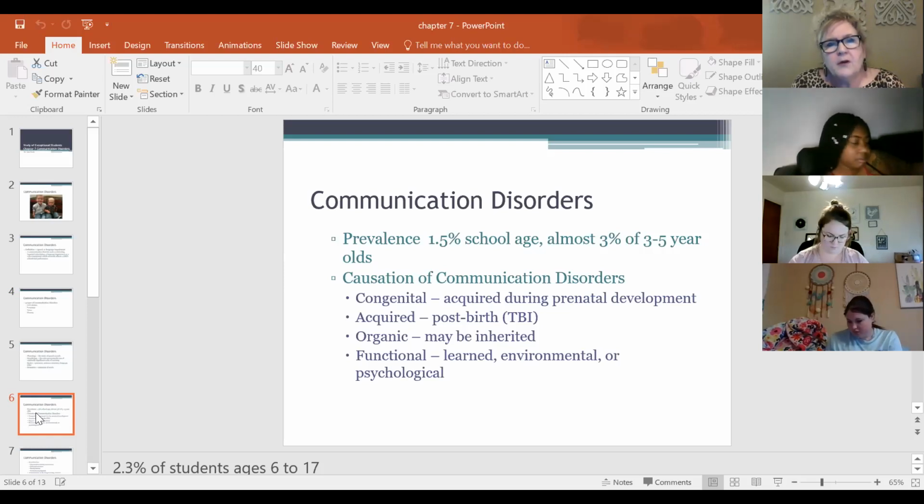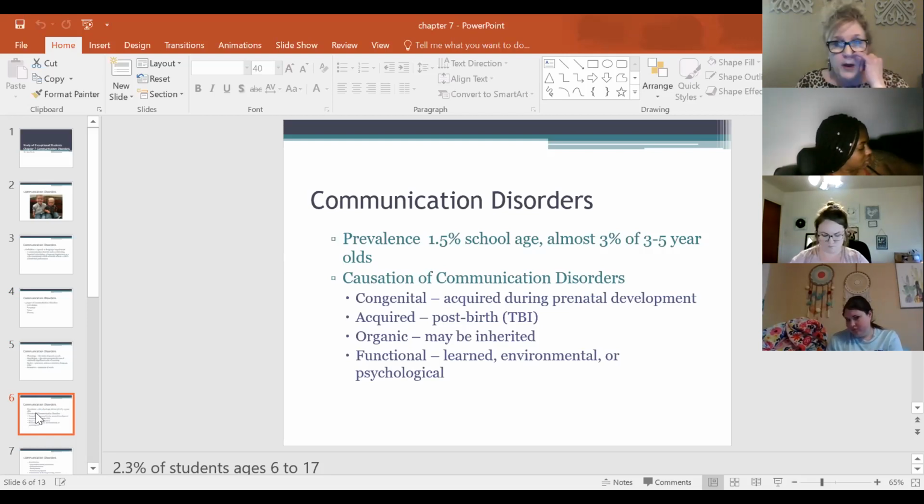Well, there are a number of different causes. Some are congenital, and congenital means acquired during prenatal development. So while a baby is in utero, things can happen that will impact their communication later. Some are acquired, and that would be post-birth, after the child is born.